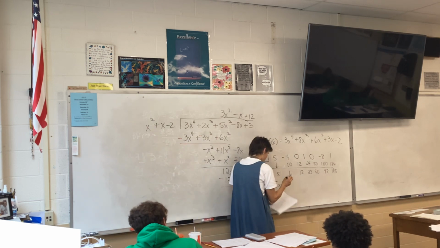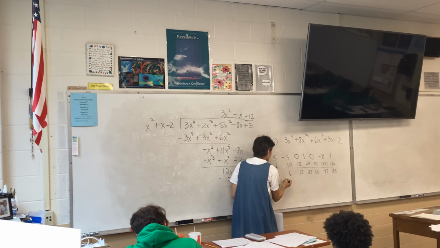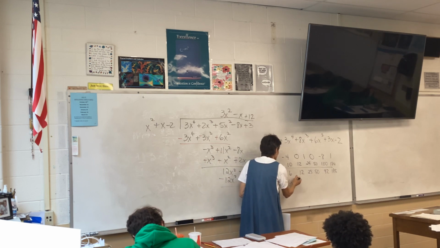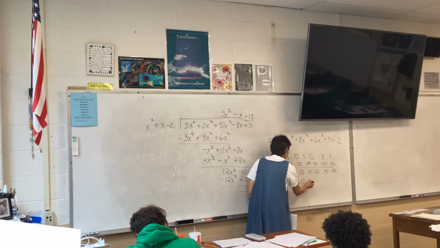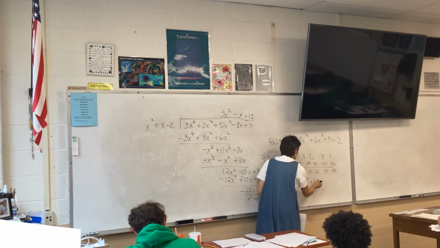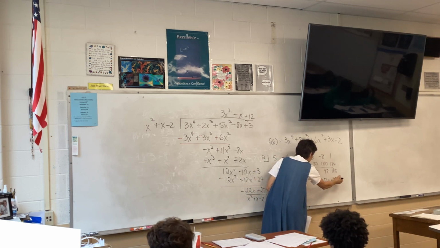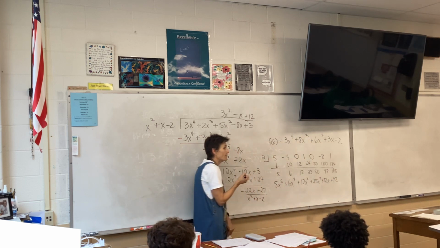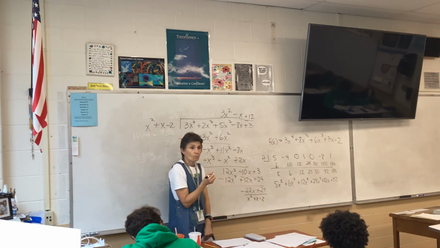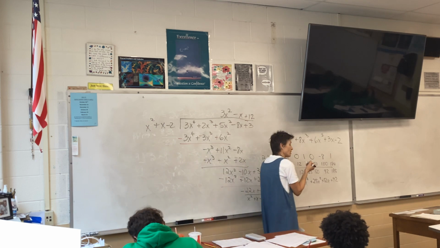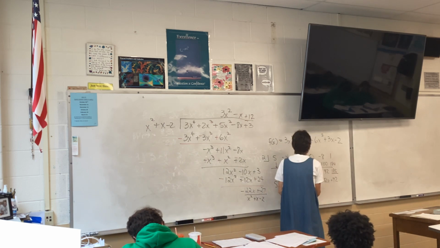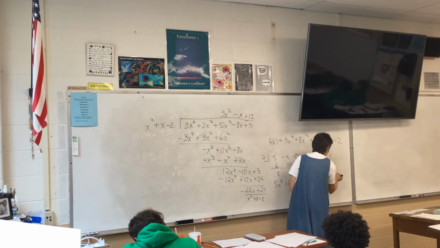5x to the 5th plus 6x to the 4th, 12x cubed, 25x squared, 50x, and 92. And my remainder is 185. I don't care if you just write 185 or you can put 185 over x minus 2.